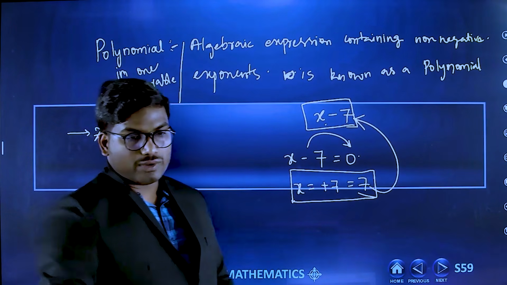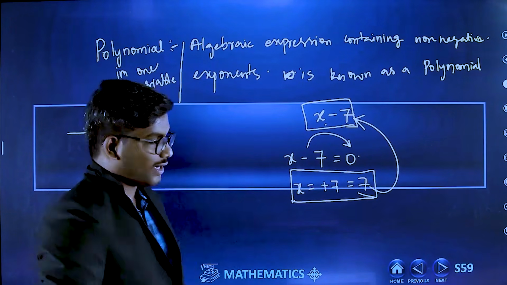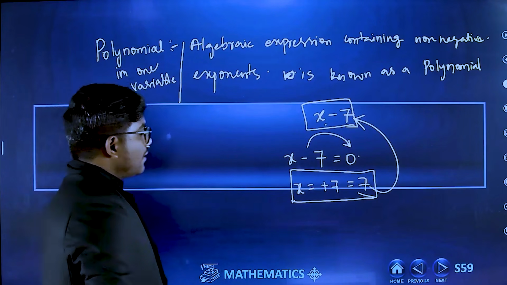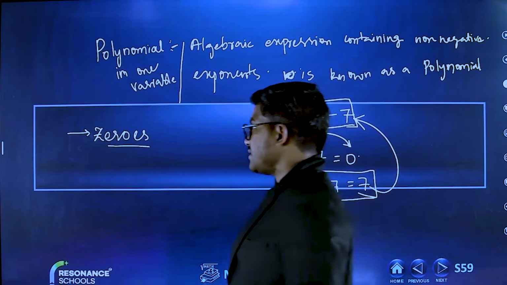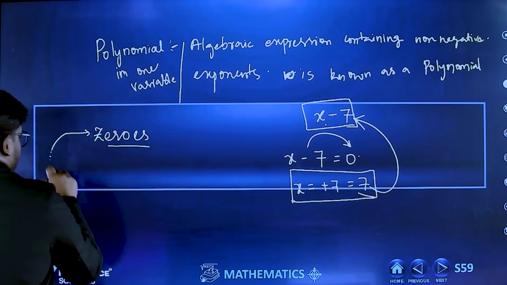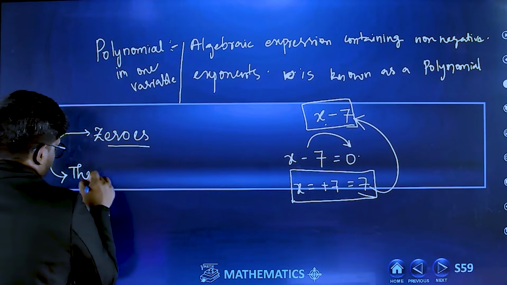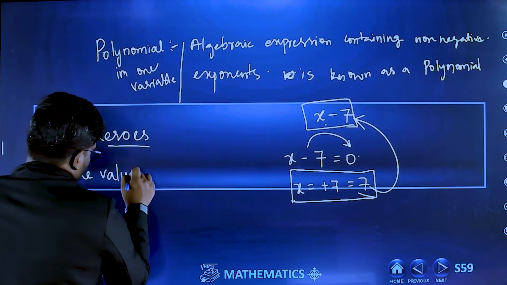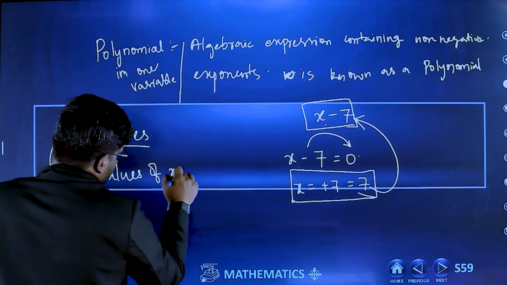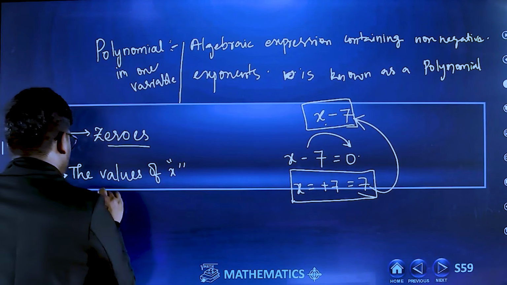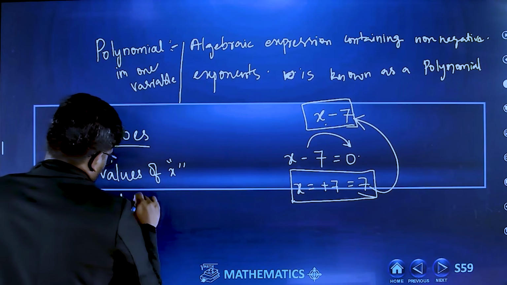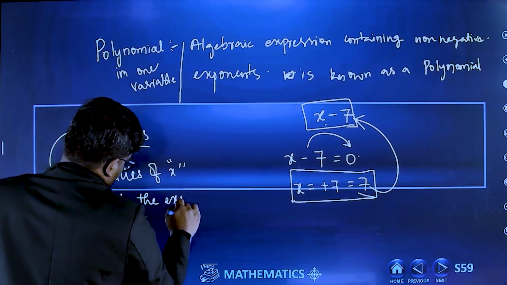I hope by now you have a vague understanding of what zeros of a polynomial mean. The zeros of the polynomial are the values of x for which the expression becomes 0.